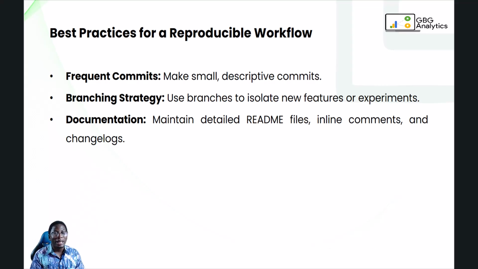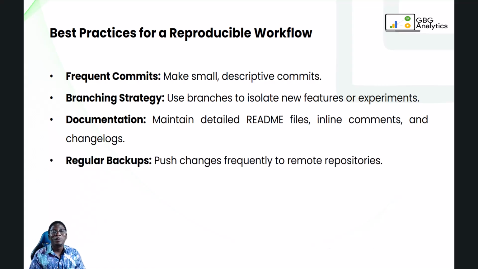You must maintain a detailed readme file, inline comments, and change logs. Then regular backup. You must always push changes frequently to the remote repository. Don't just say that when I'm done with everything, then I will push to the remote repository. No. Anytime you have made a change, always make sure that you push it to the remote repository.